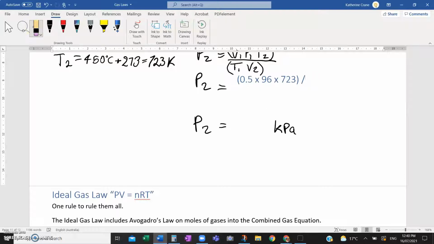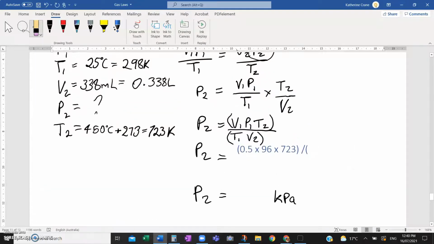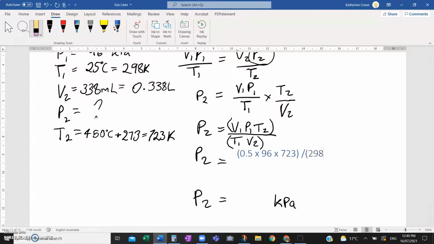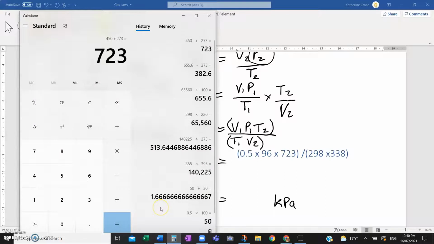All right, divided by T1 times V2. So T1 was 298 and V2 is 0.338. Oops. What have I done? I've typed something wrong here. Okay, so let's put all that into a calculator and we'll see our result.